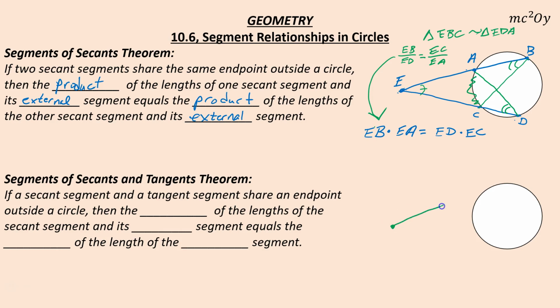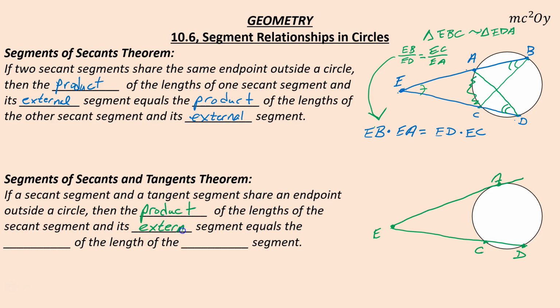Let's say I have a tangent. Okay, and we'll go ahead and label U, E, and A. And let's say I have a secant, and we'll label this point C and this point D. Okay, and so if a secant and tangent segment share an endpoint outside a circle, E in this case, then the product of the lengths of the secant segment and its external.